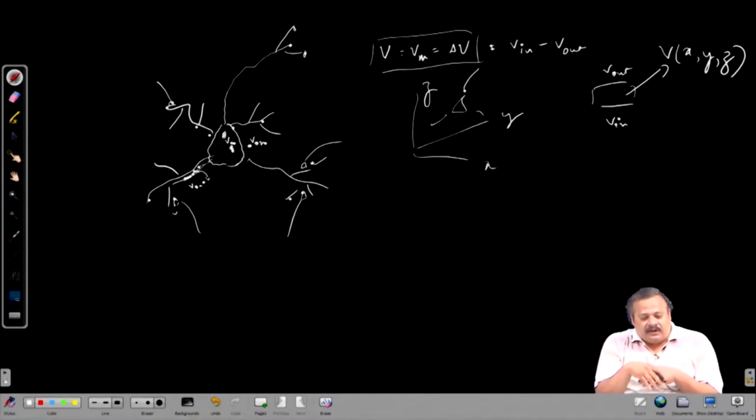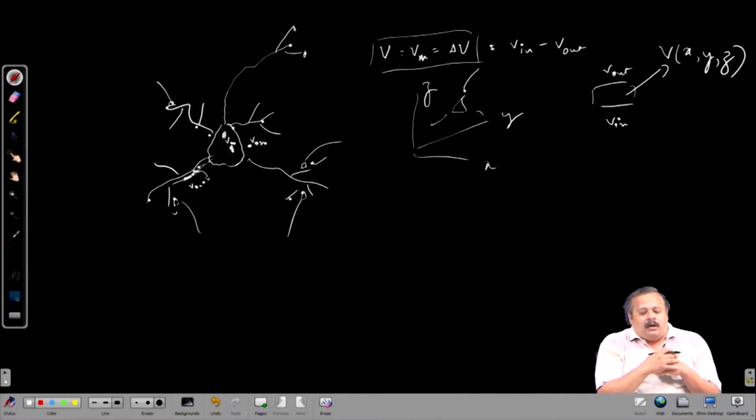In fact, these different voltages allow the synaptic inputs to travel. If the voltage were exactly the same, there would be no reason for any current to flow towards the soma.